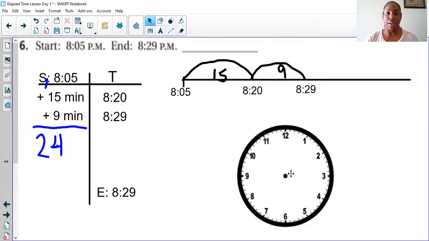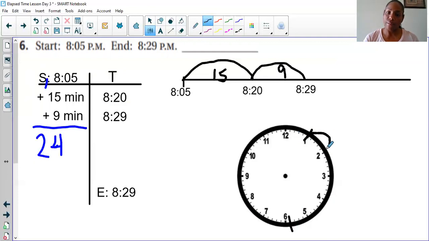Now, if we come down here, we do our 8:05. So mark 8:05, and then I'm going to mark the 29, and then I'll just count by 5s. 5, 10, 15, 20, and then I have to make my smaller increment jumps by 1s. 21, 22, 23, 24.